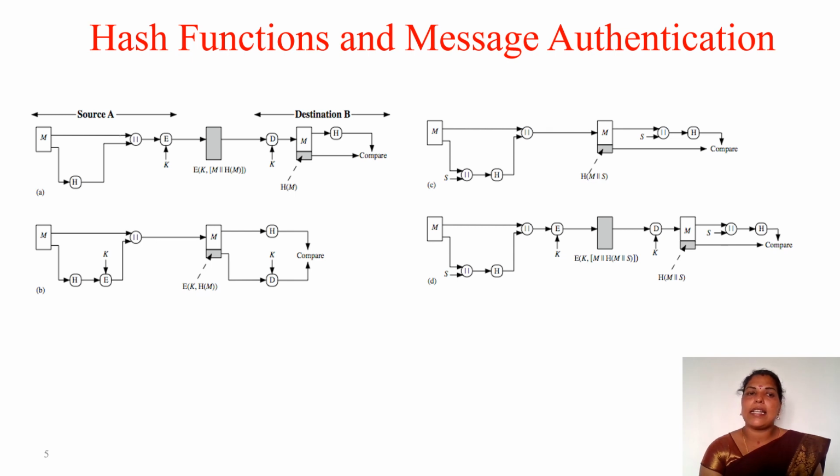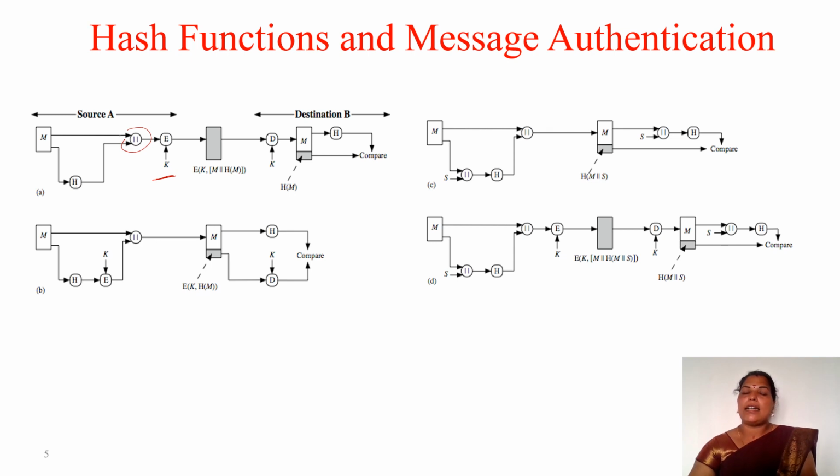First case, in part A, the message and the hash of the message are concatenated, and this is applied to the encryption process. In the encryption process, key K is used, that is, a secret key. Here we are following the symmetric encryption process.